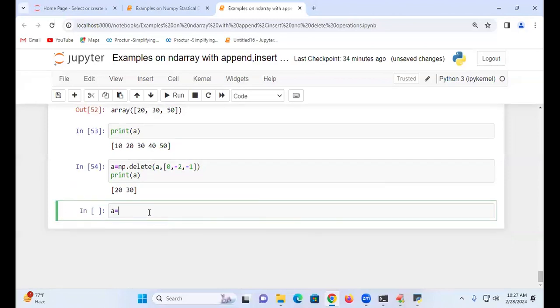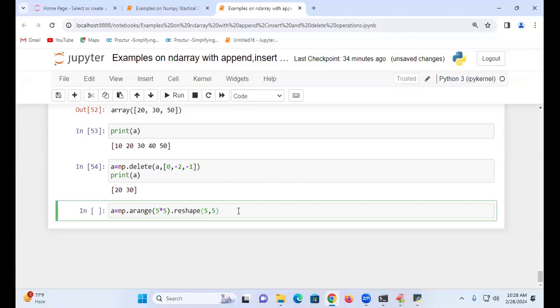Now a 2D array. I'm going for 2D. Any doubt? Sit properly. So a = np.arange(25).reshape(5, 5).